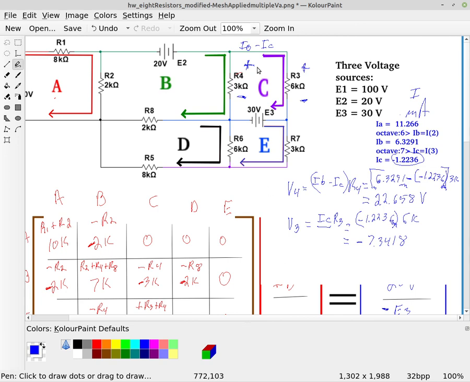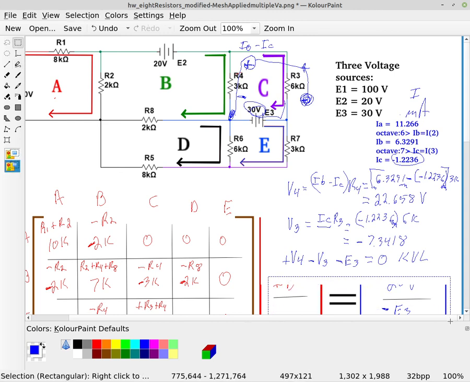All right, so now if we just go around this one loop right here, starting at this point, you're going to go up V4, so it's going to be plus V4, and then minus V3, and then minus E3, and that all must equal 0 according to Kirchhoff's voltage law.